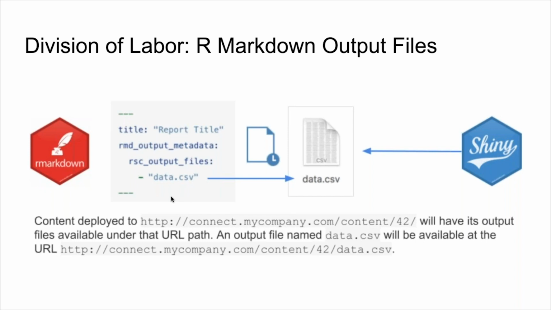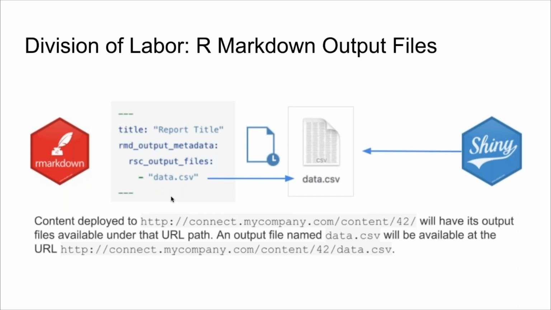So if I'm running that report on a schedule, that schedule is producing this new data.csv file that lives at this web address, and then I can point Shiny to read in that data from the URL hosted on my Connect server.